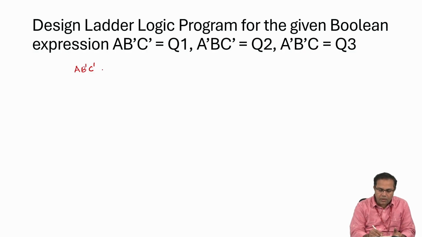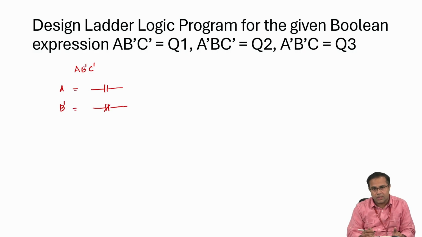Now when you want to convert this Boolean expression, it is simple. Whenever you find a simple literal, for example A, you replace it with a normally open instruction. Similarly, whenever you find a literal with a complement, simply replace it with a normally closed instruction. Between two literals there is an AND operation, that is a dot operation.